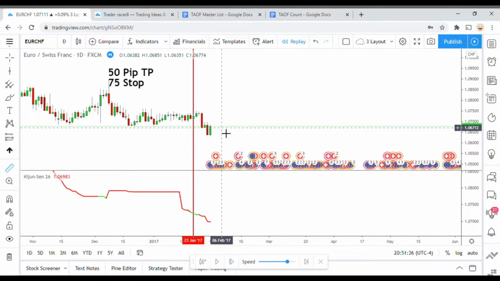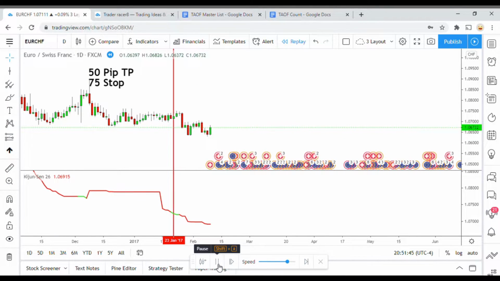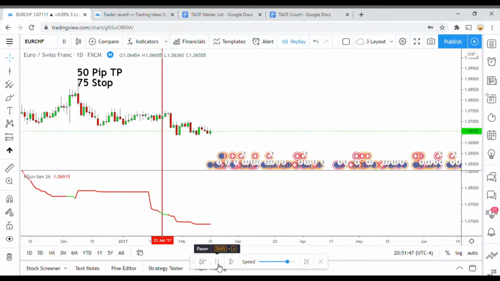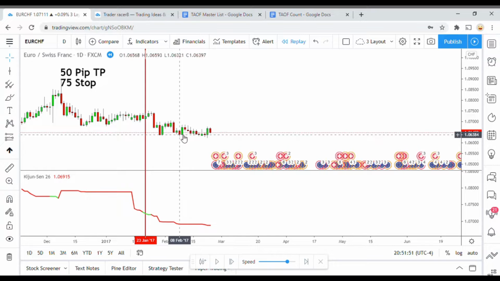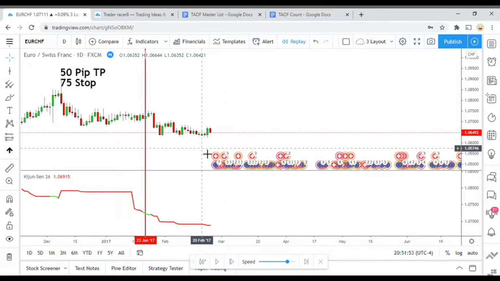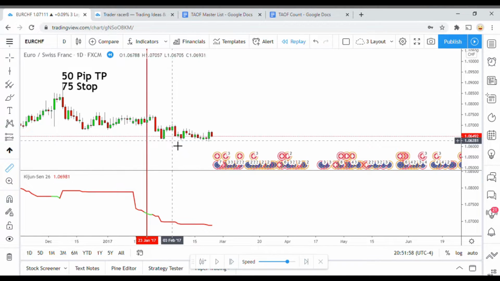All right, the next signal that we get is right there. This one looks like it hit. Nope, still hasn't hit take profit yet. Thought maybe it had. Let's see what it does. It is just teetering right there on that line.